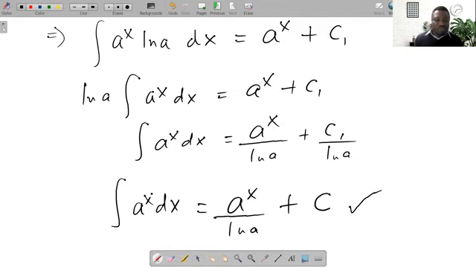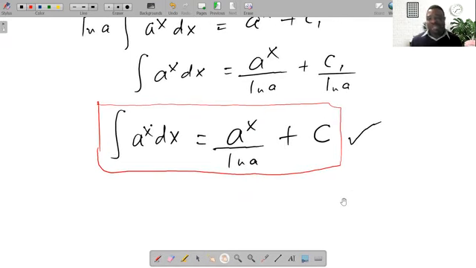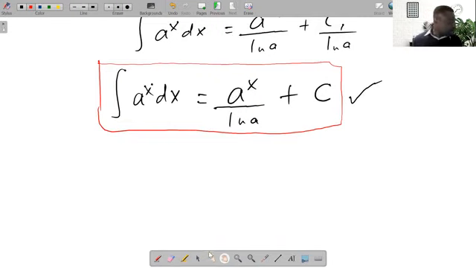So this is always true. Those of you who will be doing Calc 2, you'll be dealing more with these. So please take note of how they come about. They are not too hard. I want to believe that you just have to memorize them. You don't have to necessarily know how to derive them, but anytime you see them, you should be able to write them as such. Any questions?